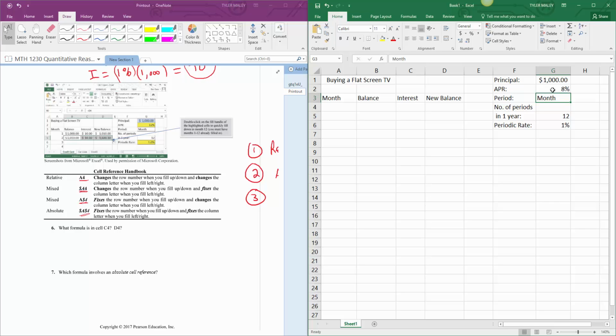So the benefit of using cell referencing is that if one of my inputs changes, I don't have to go and find and fix every time that I use that number. Cell referencing is the powerful thing in Excel.